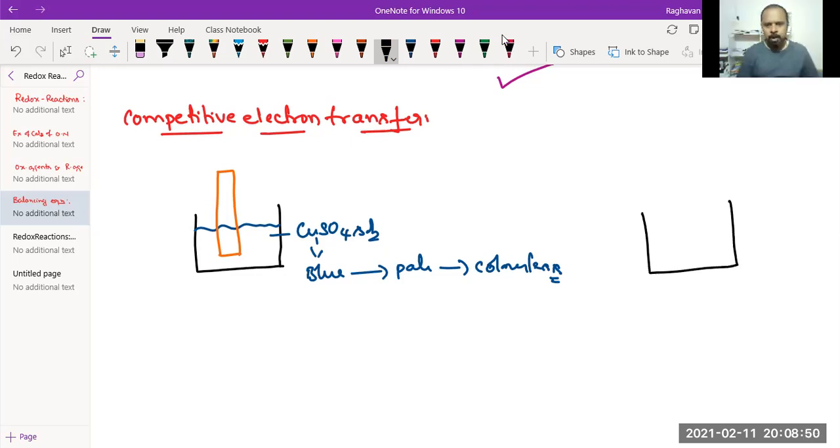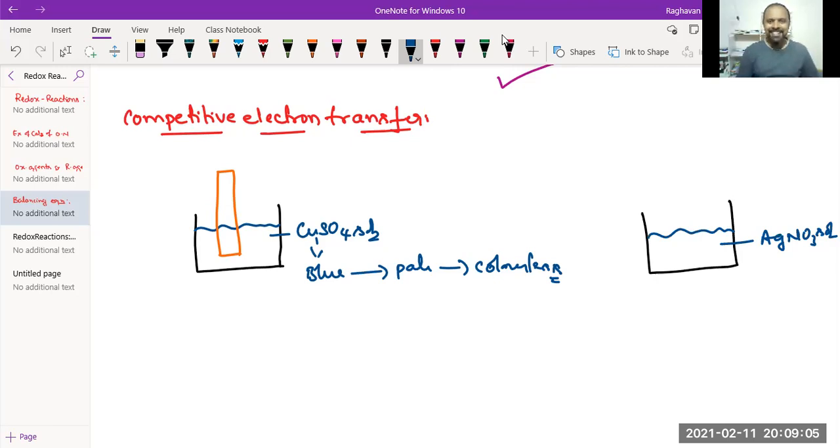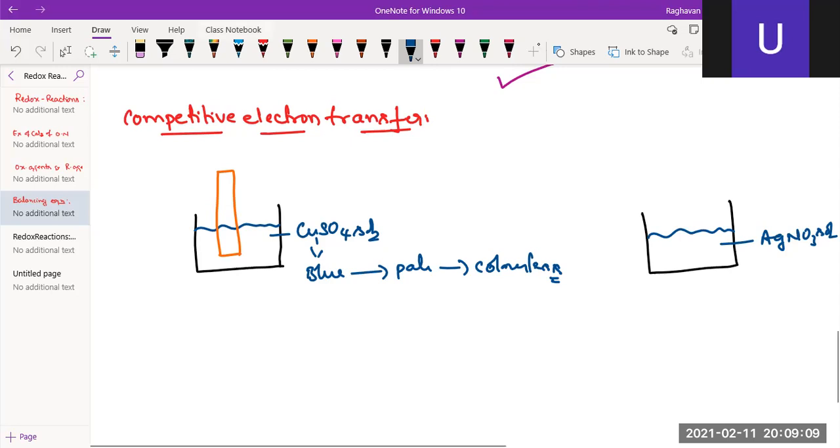Okay, why is copper deposited? So the copper moves away from the solution to the rod. It will move to the rod or it will precipitate.